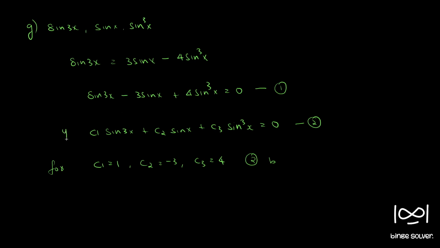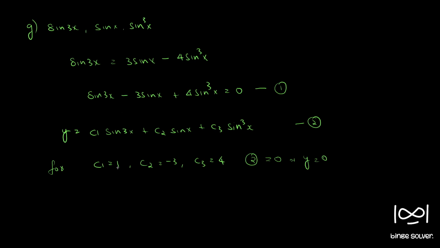I just made a mistake there. So the equation y is equal to c1 sin 3x plus c2 sin x plus c3 sin cube x equals 0. By the definition of linear dependency, we can say that this is linearly dependent.